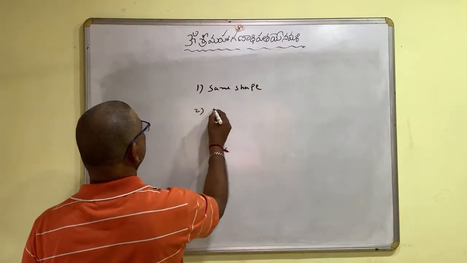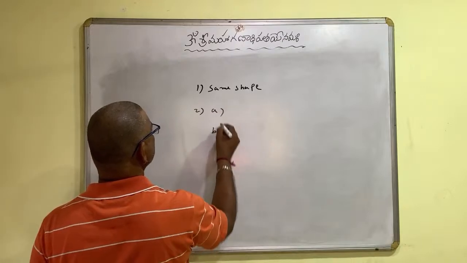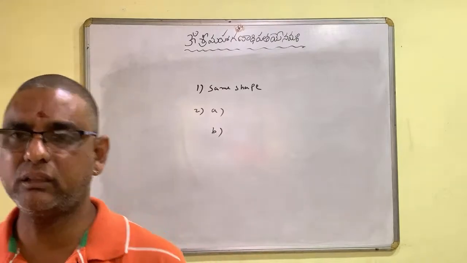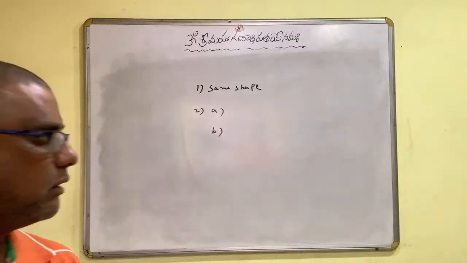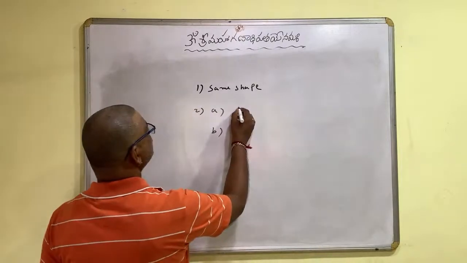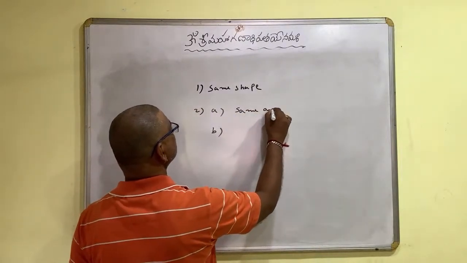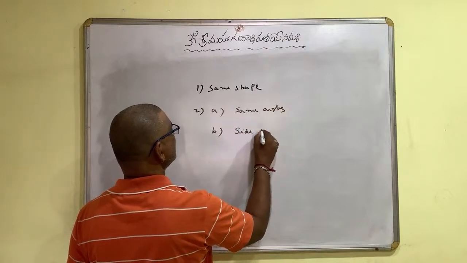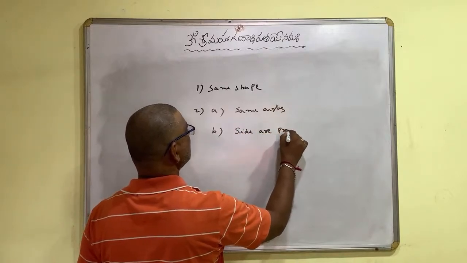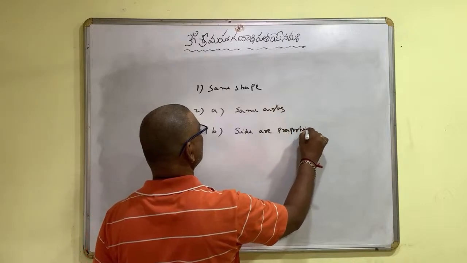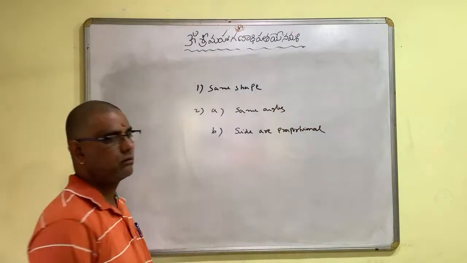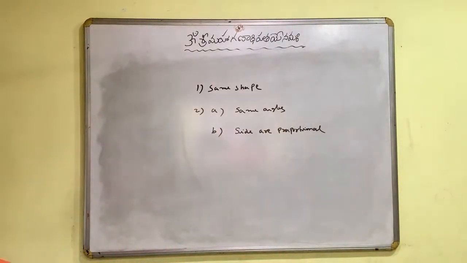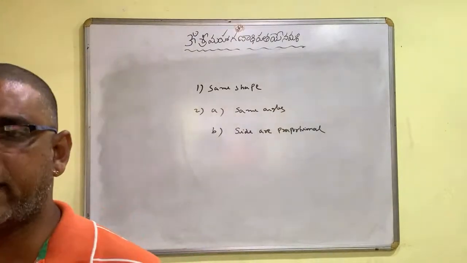And the second condition has two parts: one is same angles and the sides are proportional. If two figures satisfy these three conditions, we can say that they are similar.